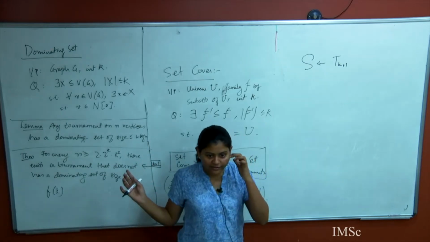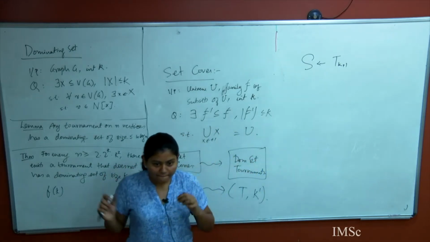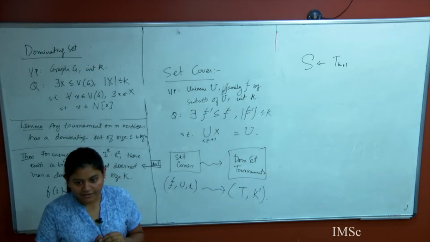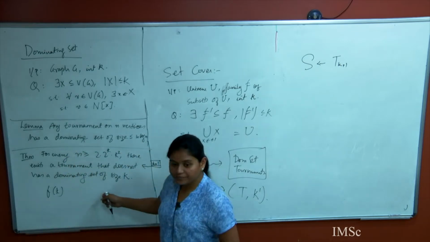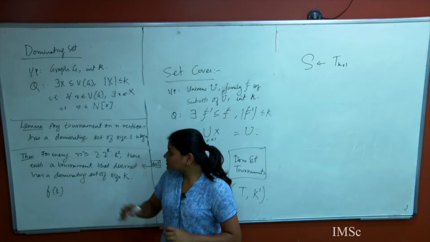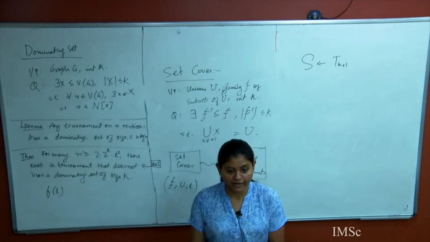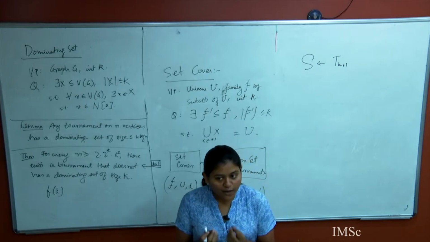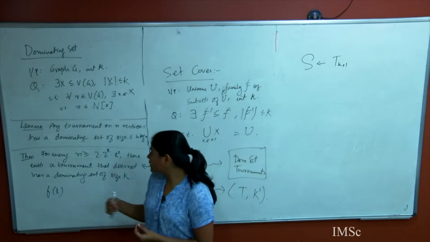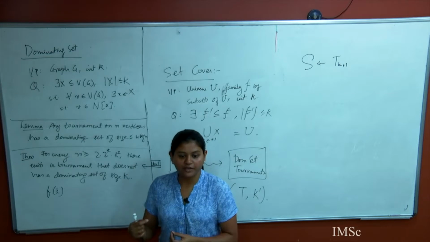Is this okay? We know that the guarantee holds from n equal to this number, with the number of vertices equal to 2 into 2k into k square.